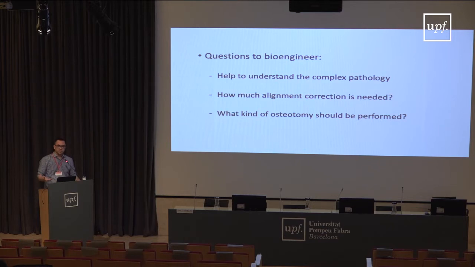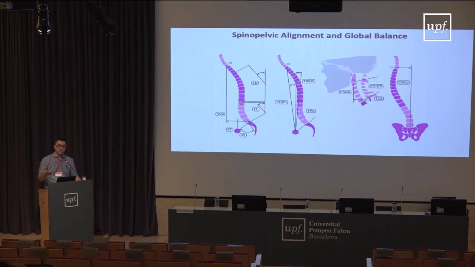So we had some questions to the bioengineer that we asked her to help to understand the complex pathology, to understand how much alignment correction is needed for the given patient and what kind of osteotomy should be performed. Here you can see the basis, the scientific basis of the investigations.